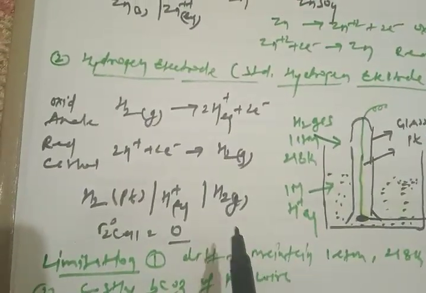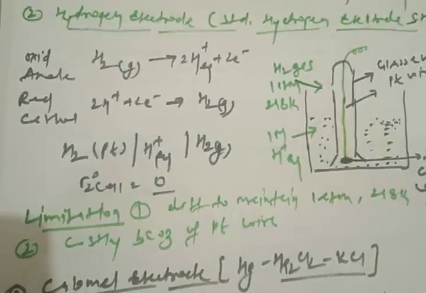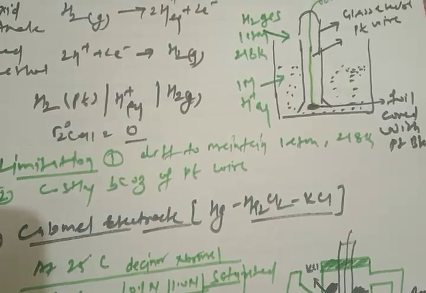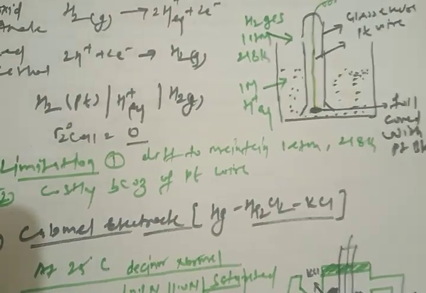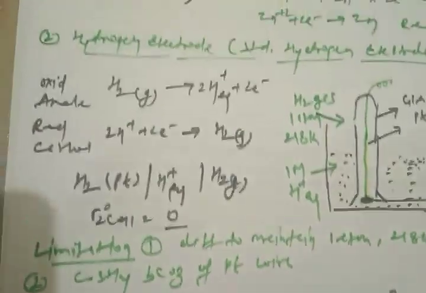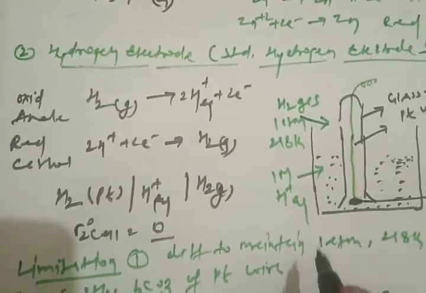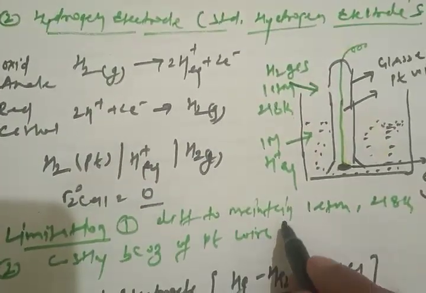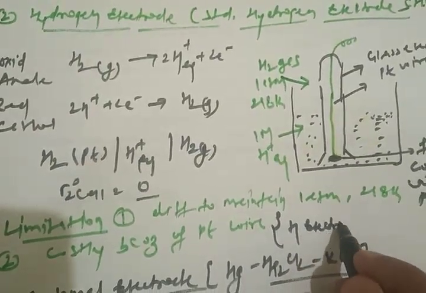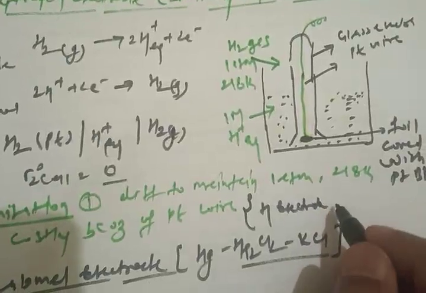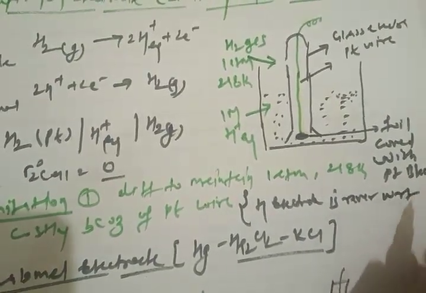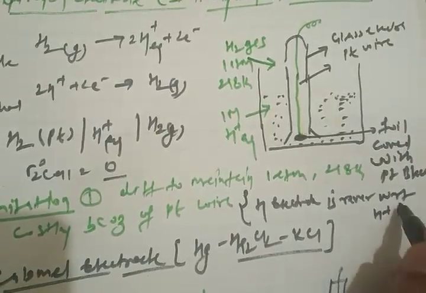The hydrogen electrode is reversible with respect to H plus ion. You should note this point. I'm writing here, hydrogen electrode is reversible with respect to H plus ion.